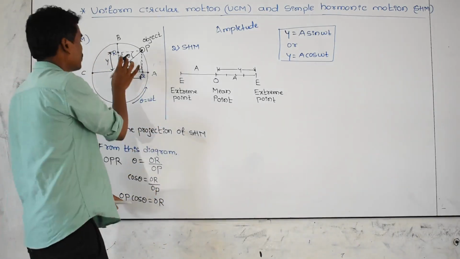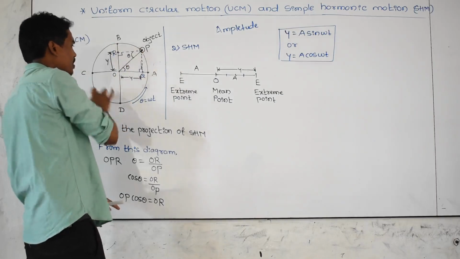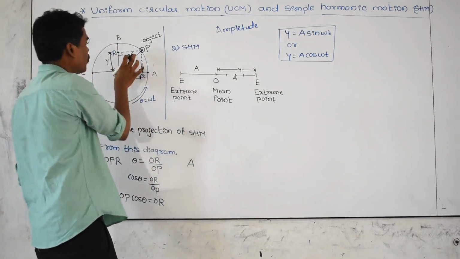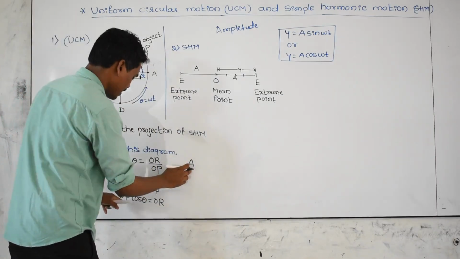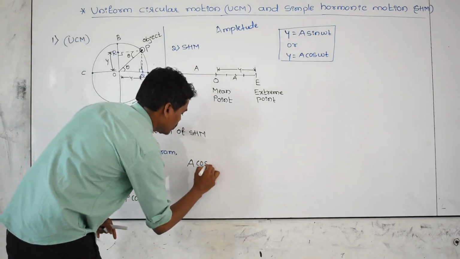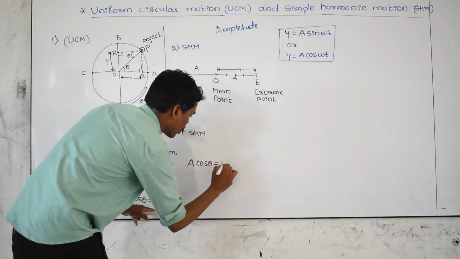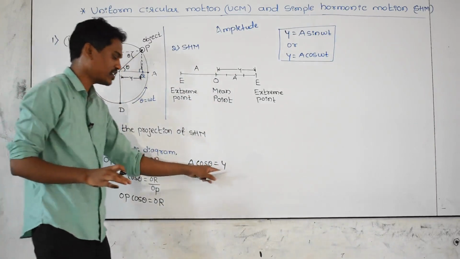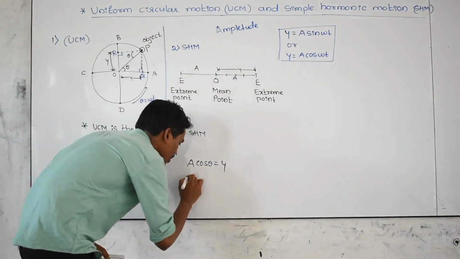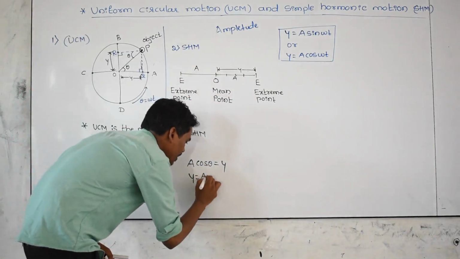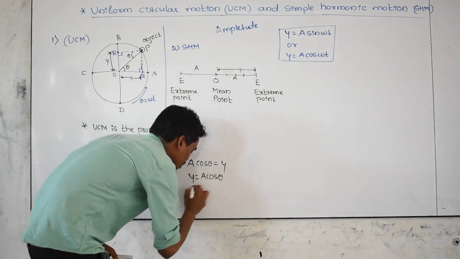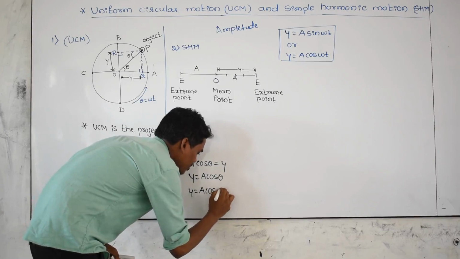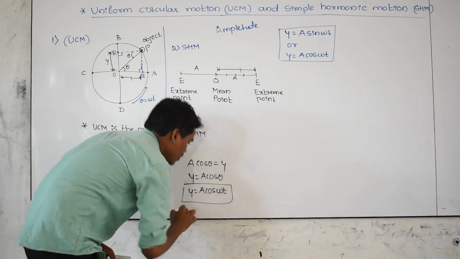And OP is the radius of the circle. I am taking it as the amplitude, A cos theta, which is equal to OR. OR is Y, Y means displacement. Y is equal to A cos theta, and cos theta can be written as cos omega T. What is theta?